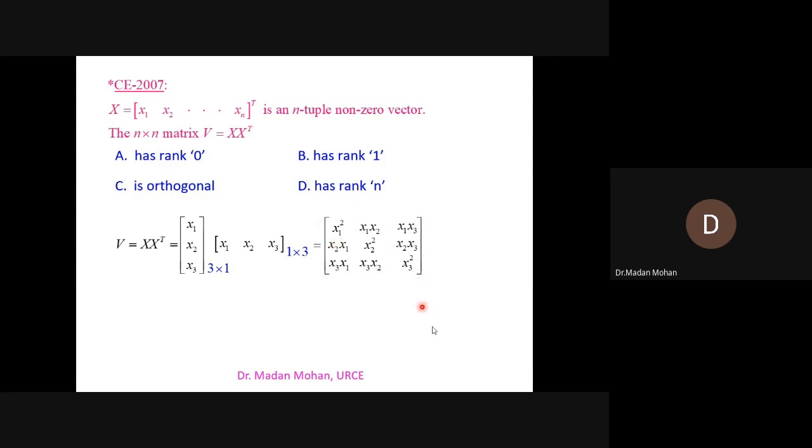How to find the rank of this one? Are you following? Just observe it and use the rank definition. Here AD minus BC is 0, very clear. Here also AD minus BC is 0, and here also.